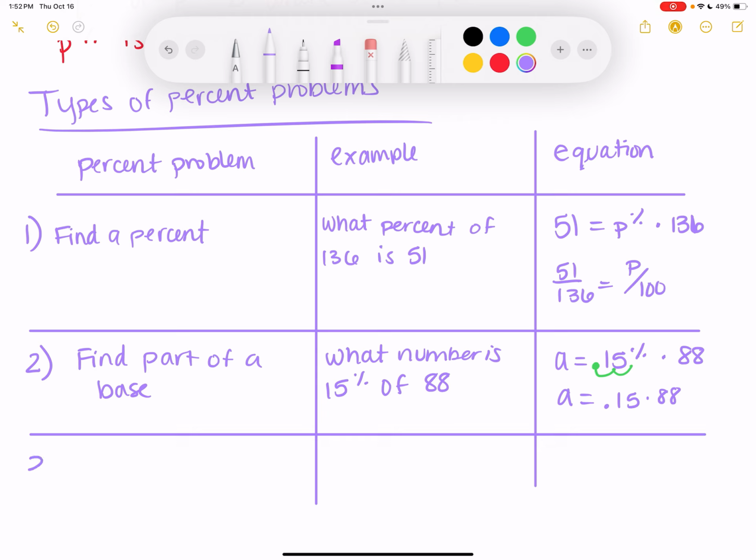Then the last option is to find a base. This would be something like, 20 is 12.5% of what number?